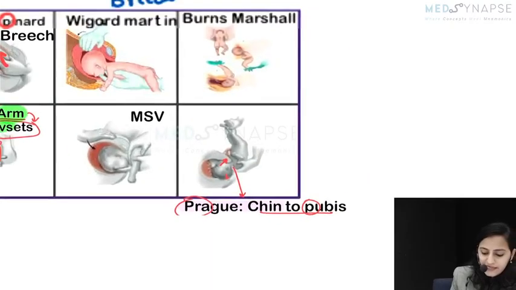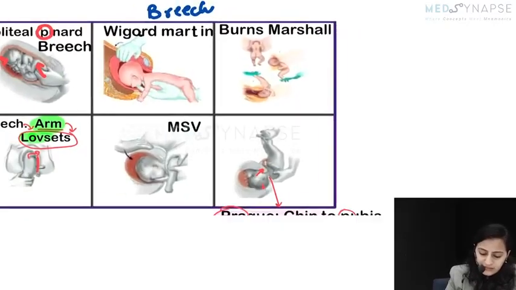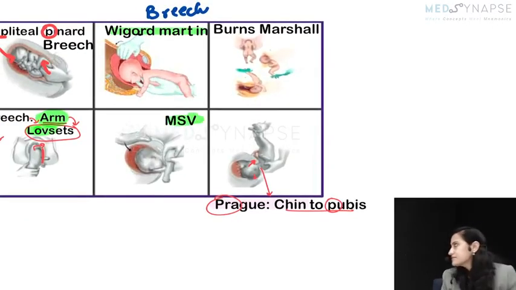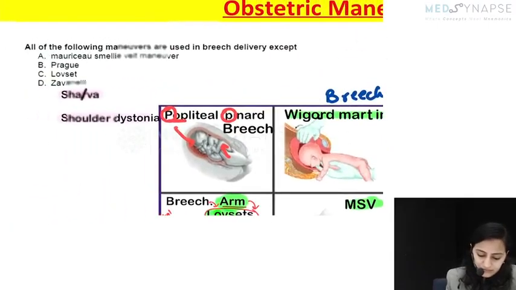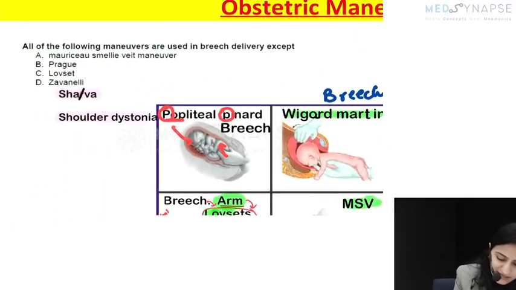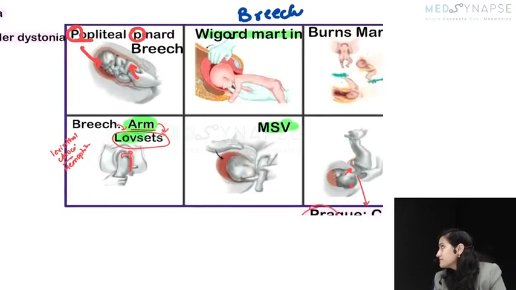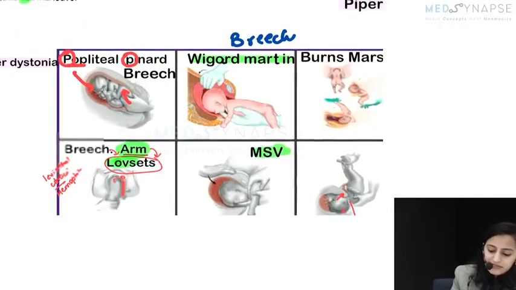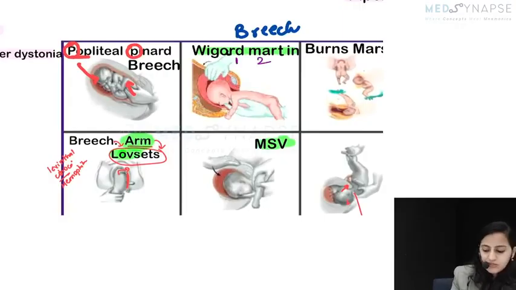बाकी हेड के लिए क्या क्या मैन्यूवर्स हैं? So you have the maneuvers Wigand-Martin and MSV. Right, this is the MSV. So how do you identify this is Wigand-Martin or MSV maneuver? Wigand-Martin is how many words? 2 words.